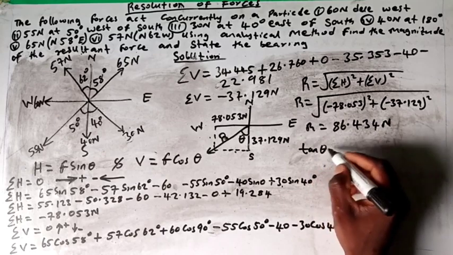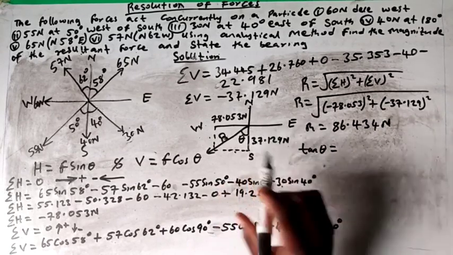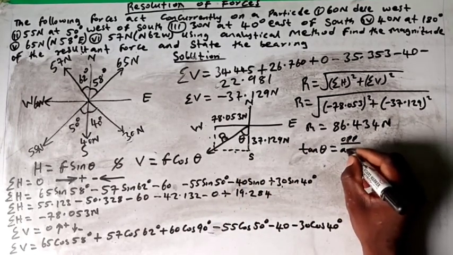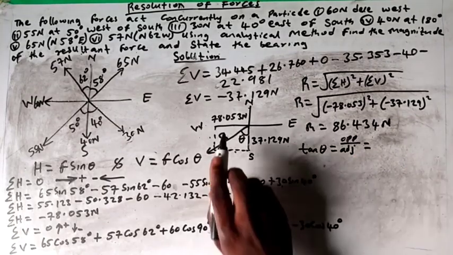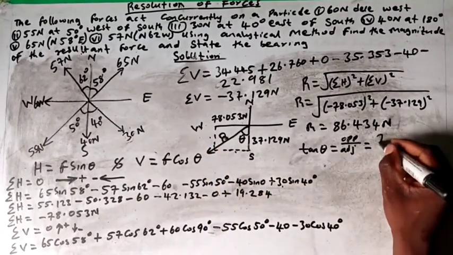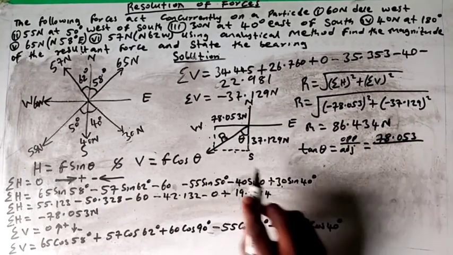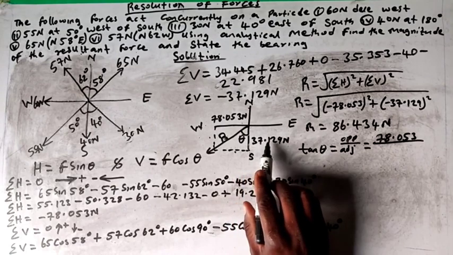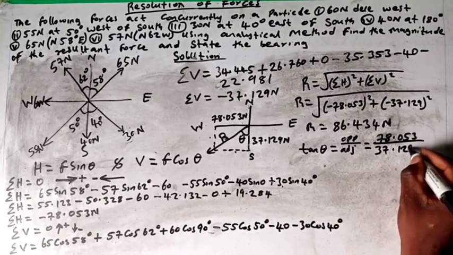To find our direction, we use tan theta. Tan theta is equal to opposite over adjacent. Our opposite is 78.053, so I have 78.053 all over our adjacent, which is 37.129.